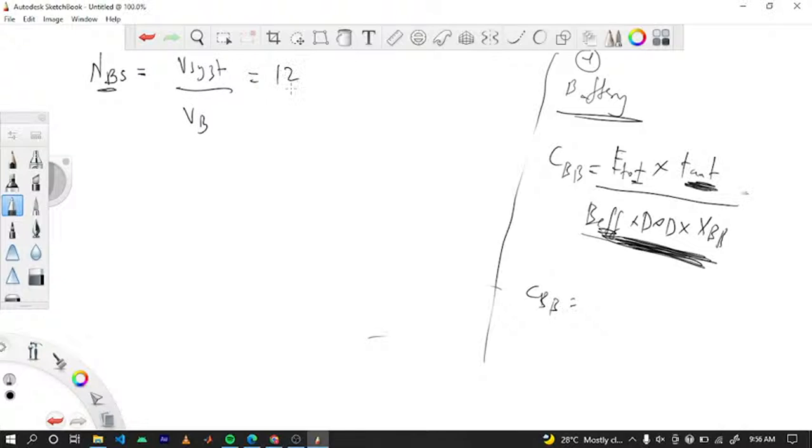In this case, it's 4 over 2, I'll get 1. It means that I'm having just one battery like this.